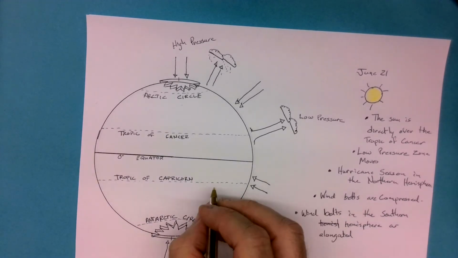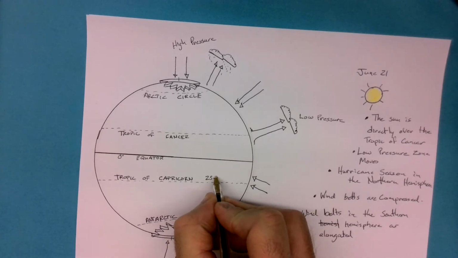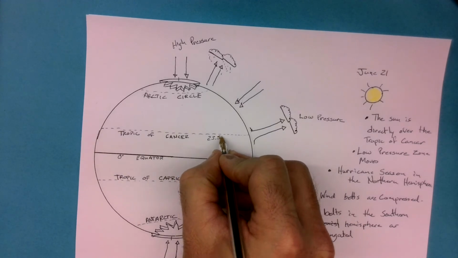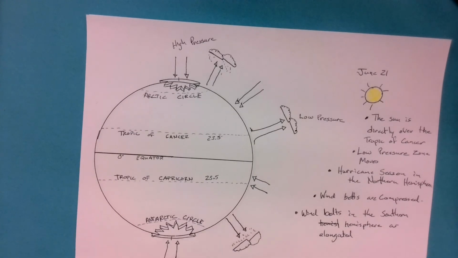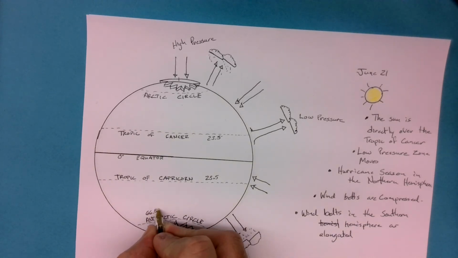Okay. Things to know. 23.5 degrees. 23.5 degrees. Now, should we go over that right now? I'm not sure if I should. But the Arctic Circle and the Antarctic Circle, they're at 66.5 degrees.